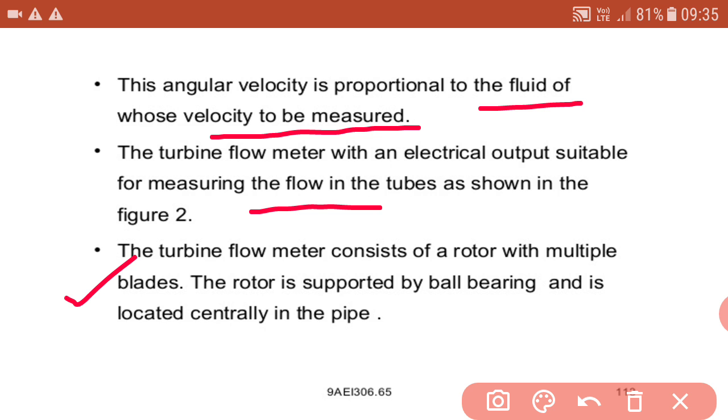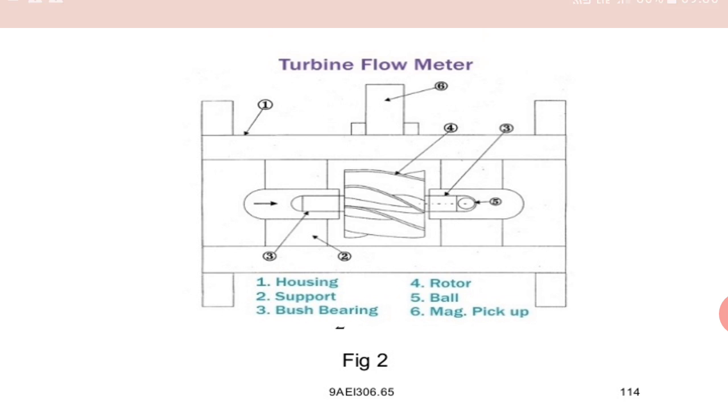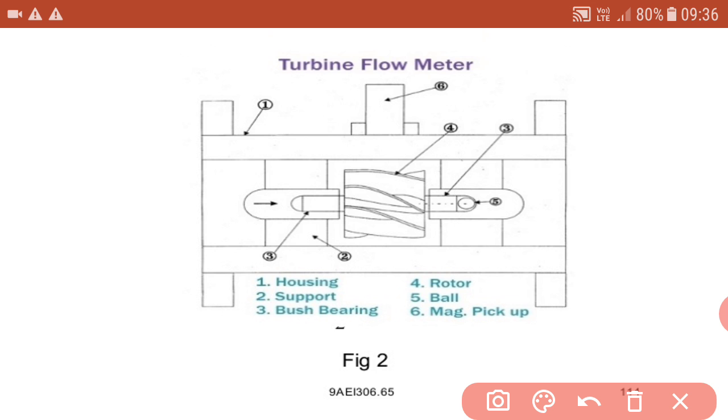The rotor is supported by ball bearings and is located centrally in the pipe. We know there are two types of bearings, but in this case ball bearings are used. Another type is the roller bearing. It is located centrally in the pipe, as we have seen here.